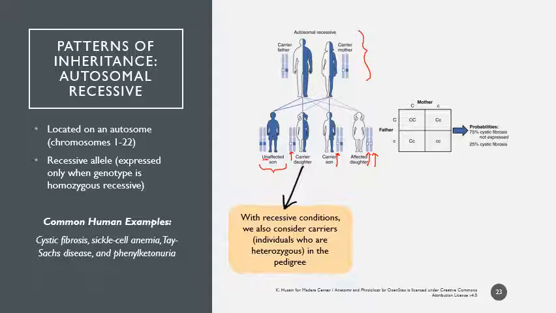If you've ever heard of the Ashkenazi panel, that is a genetic test that people who are part of the Ashkenazi Jewish community have to take before they end up having children, because there's like a pressure to intermarry with people of a similar background, so some of these recessive alleles are brought together more often than is kind of what you would expect to see in the whole population.